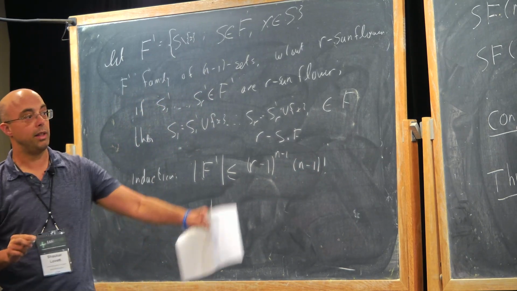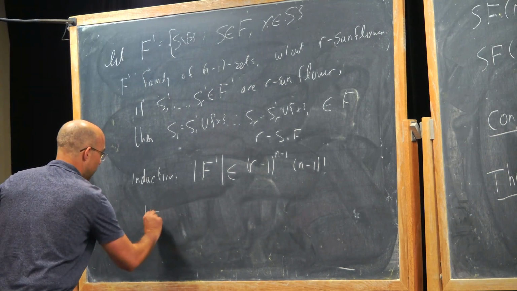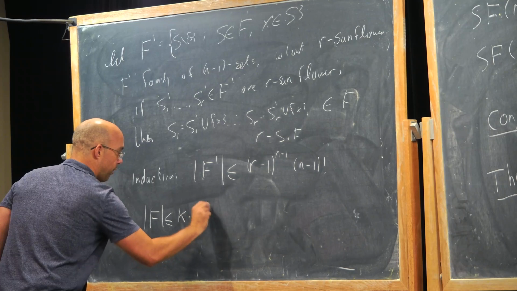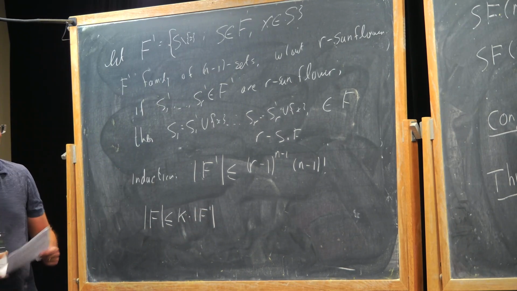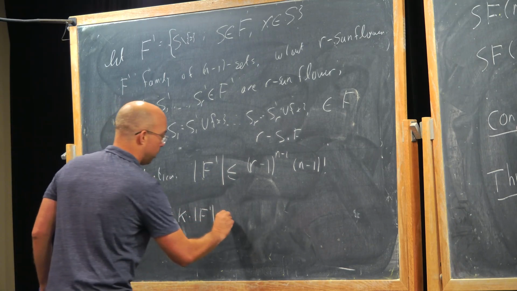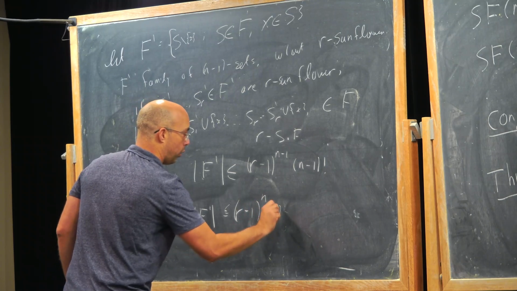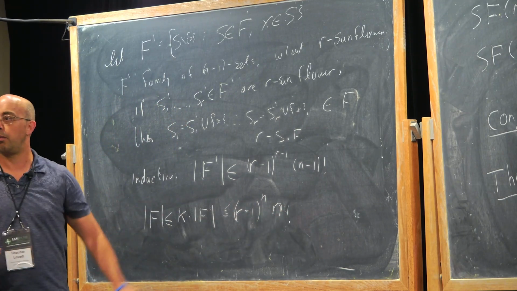And we said that this element x is popular, so the size of F is at most this parameter k that we said times the size of F prime. Right? k was a popularity measurement. And then we chose k such that exactly what we get here is what we're hoping to get, r minus 1 to the n times n factorial. This is why we chose k to be r minus 1 times n.